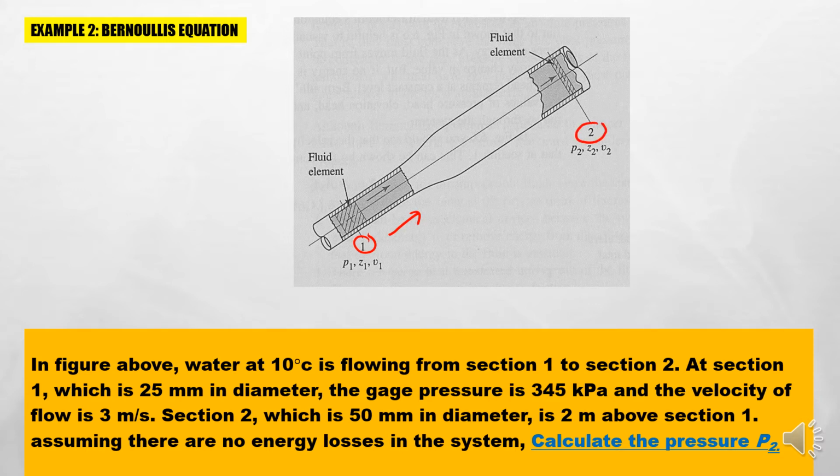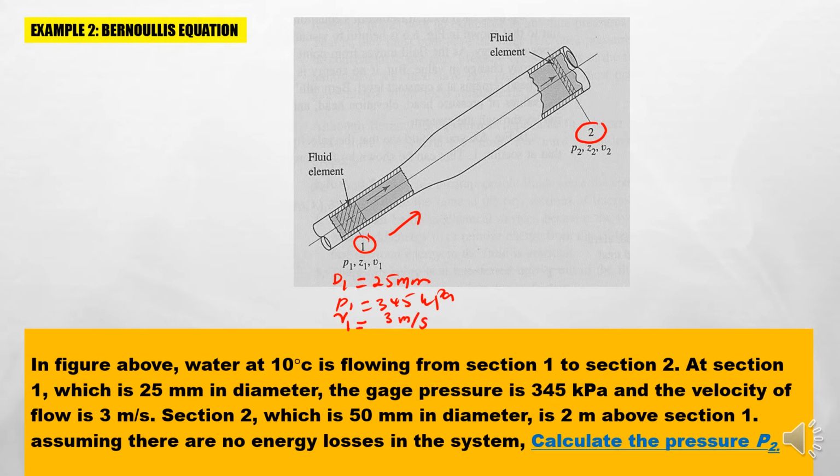At point 1, D1, the diameter, is 25 millimeter, the pressure gauge here is 345 kilopascal, and the velocity at point 1 is also given here, which is 3 meter per second.